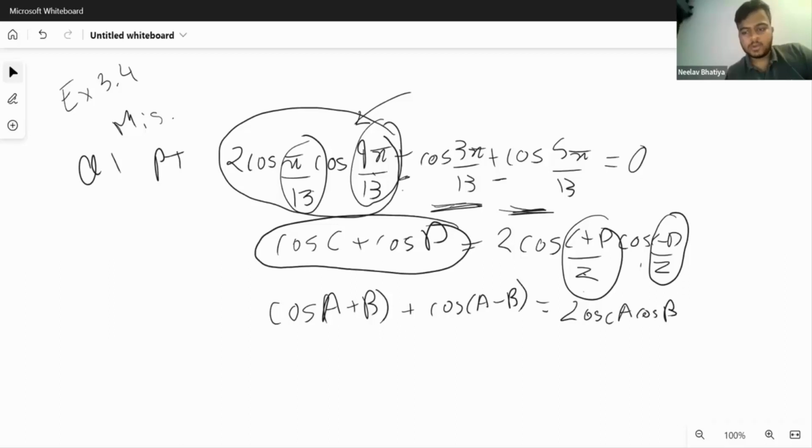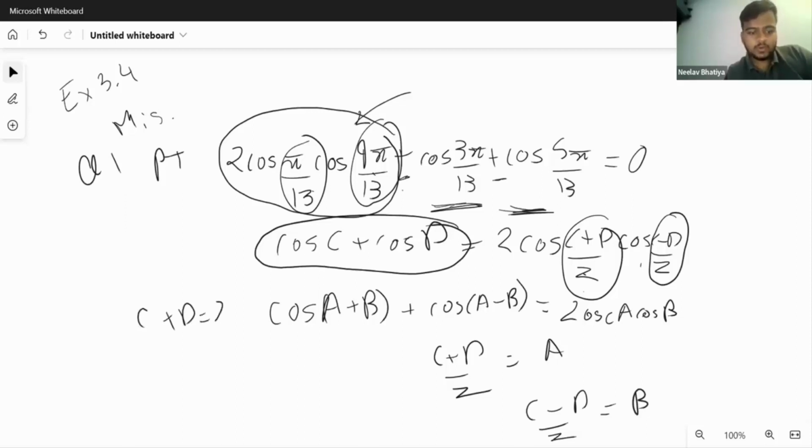So when you substitute this, I'll try and do this for you, right? (C plus D) by 2 equal to, let's say, A. (C minus D) by 2, let's say, equals B. Correct. So C plus D equals 2A. C minus D equals 2B.